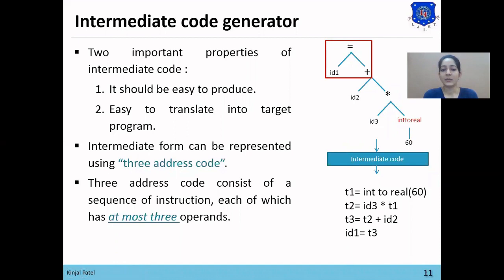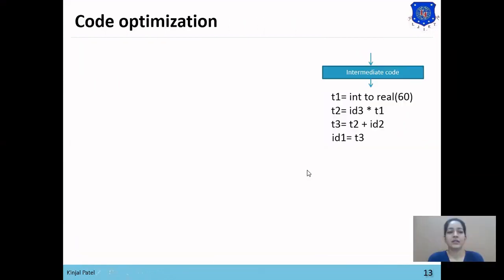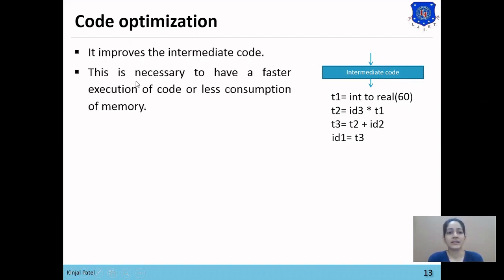Now this intermediate code will be passed to the code optimization phase. The code optimization phase improves the intermediate code. So this is necessary to have faster execution of code or less consumption of memory.